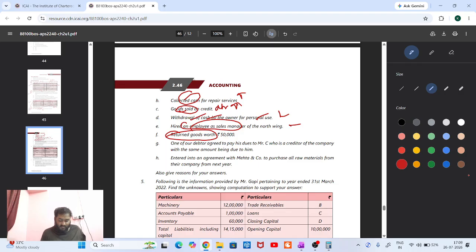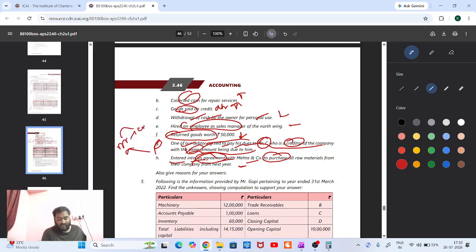Returned goods decrease. Entered into an agreement to purchase but did not actually purchase, so no adjustment. The debtor agreed to pay the creditor with the same amount due. So asset is decreasing, liability is also decreasing.